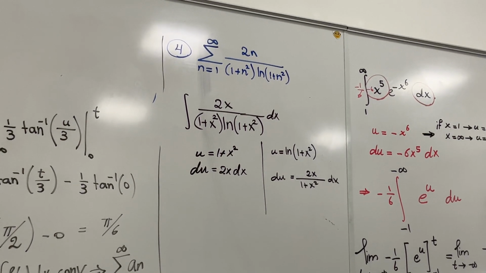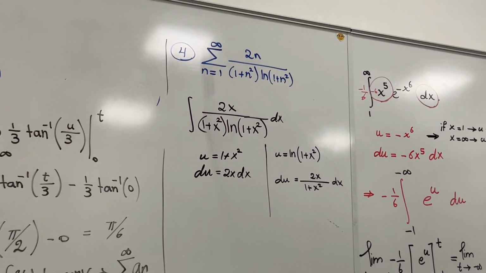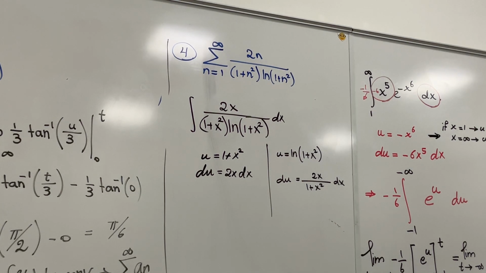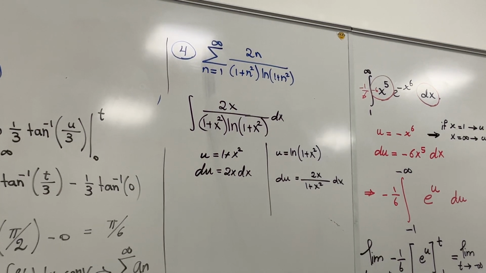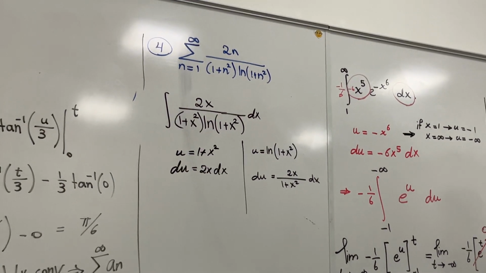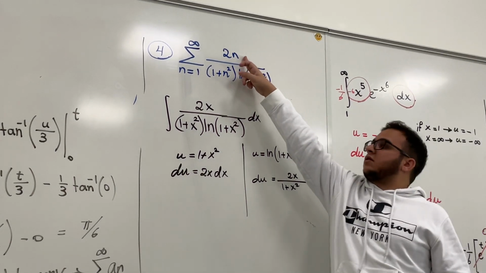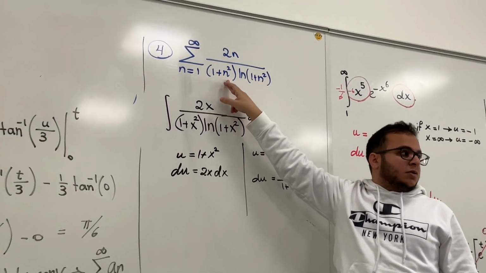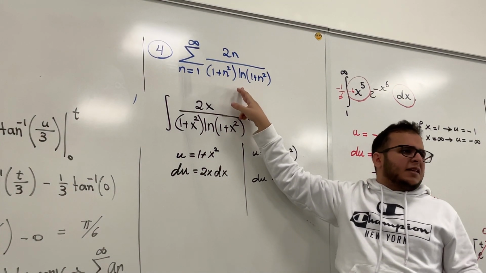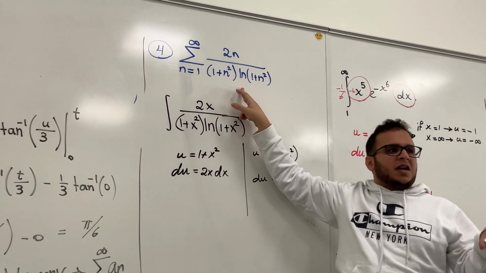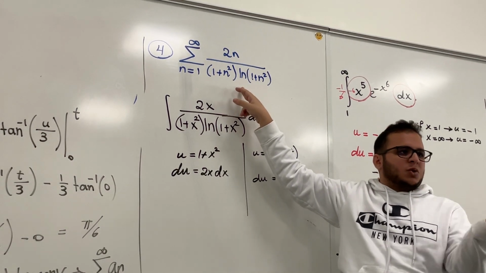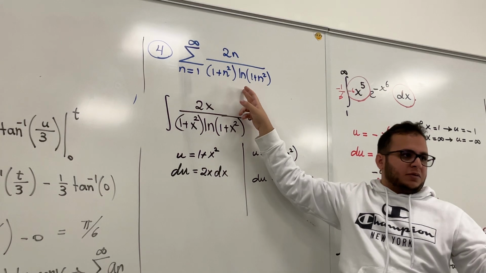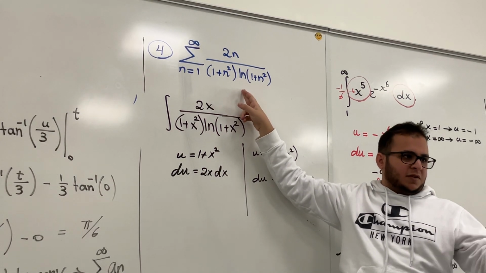Can we compare the degrees? You can say that. Why? Because this is degree 1 and this is degree 2, and ln has a degree between 0 and 1, so it really adds to the power in a certain way.